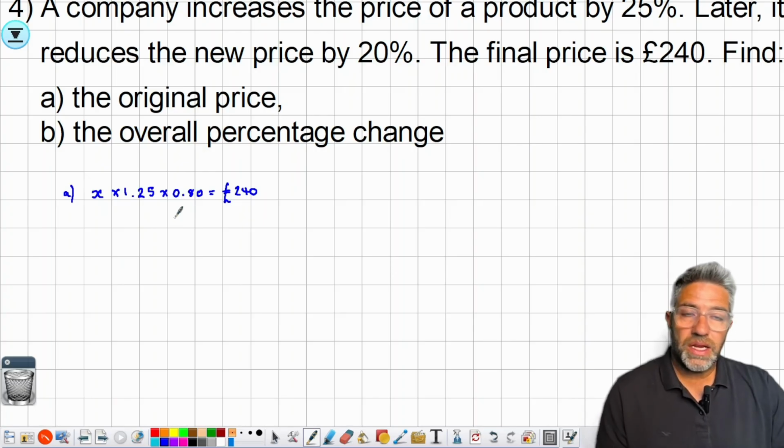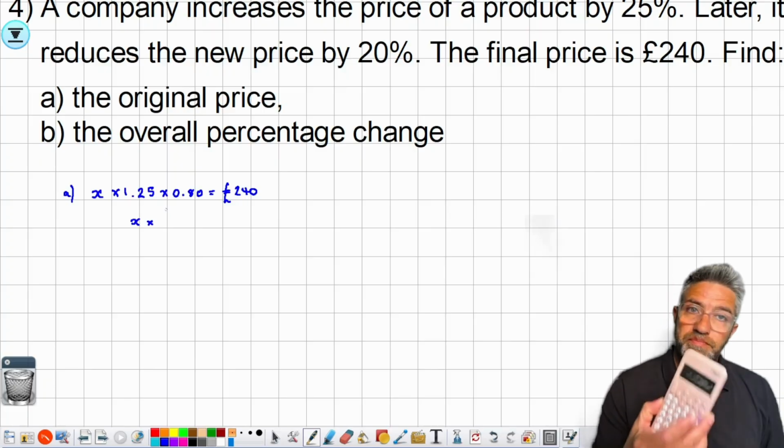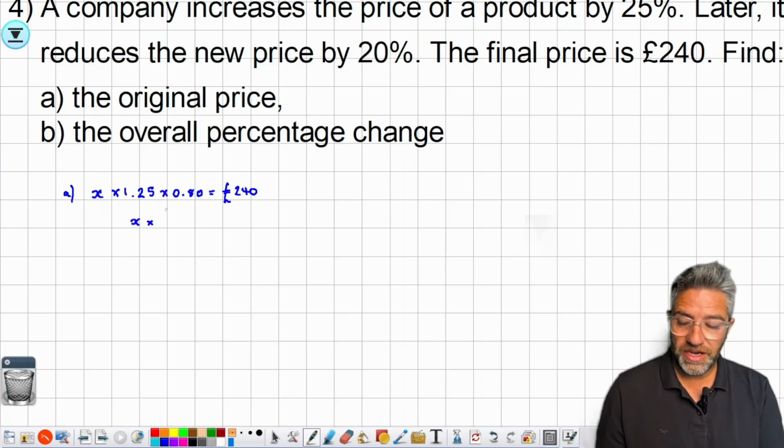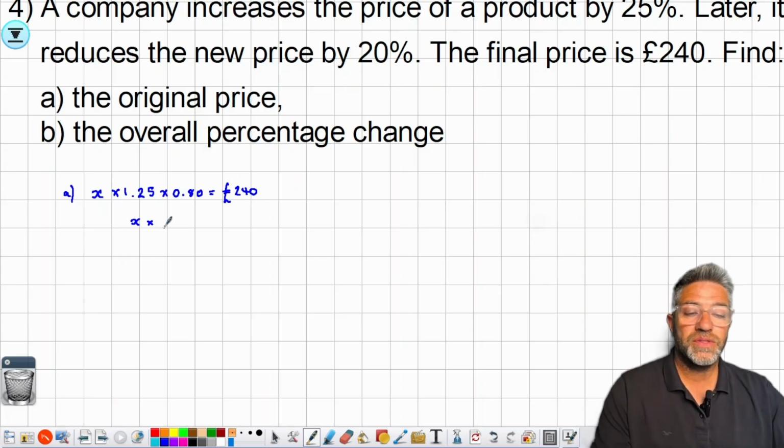This would most likely be on a calculator paper, so don't take anything to chance. It's not a difficult question to do in your head, but let's use a calculator. 1.25 times 0.8 equals 1.